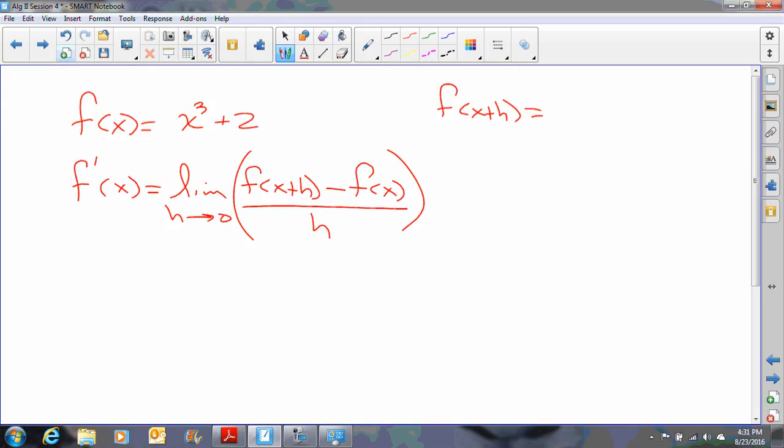f of x says when you have an input, cube that input and add 2. Now, f of x plus h is saying the input is x plus h. So what we get is the cube of that input plus 2.